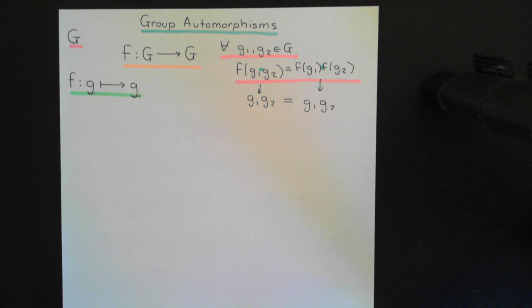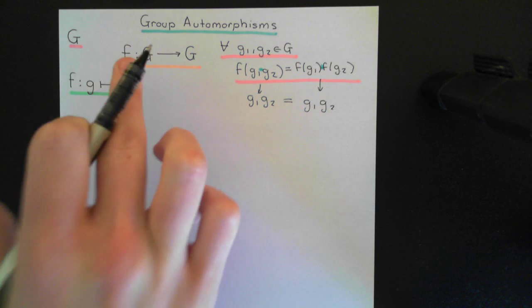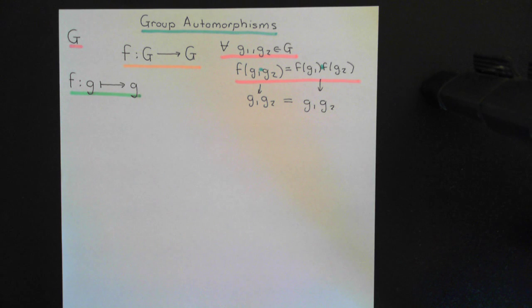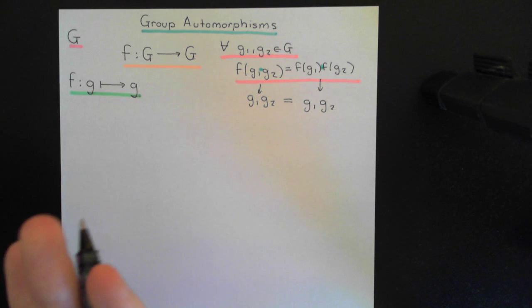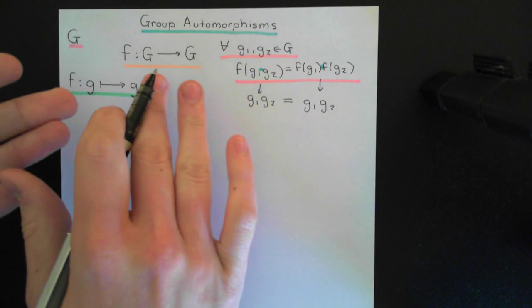Now, just before I do the example, I want to point out that if you've got a group automorphism of the group G, it must always map the identity element of the group onto the identity element. This is because, after all, this is a group isomorphism.